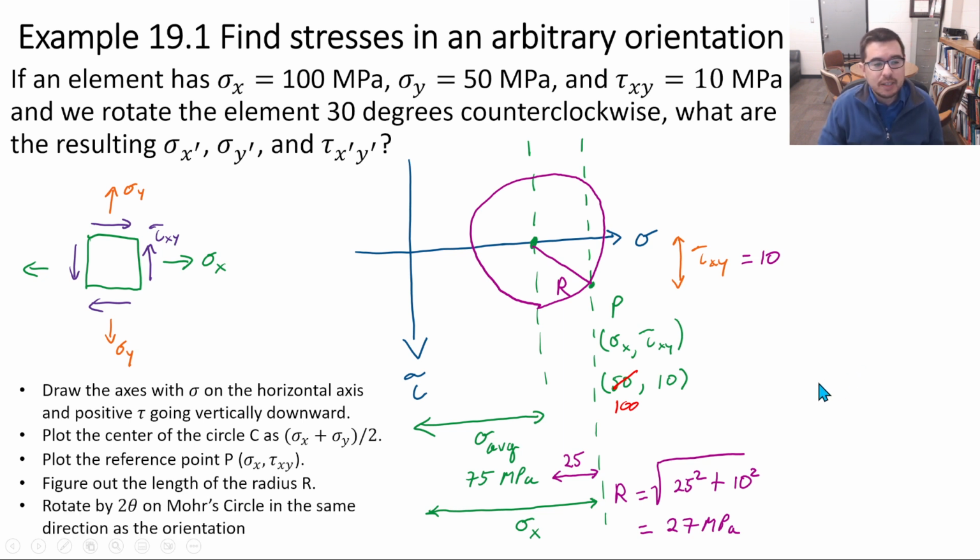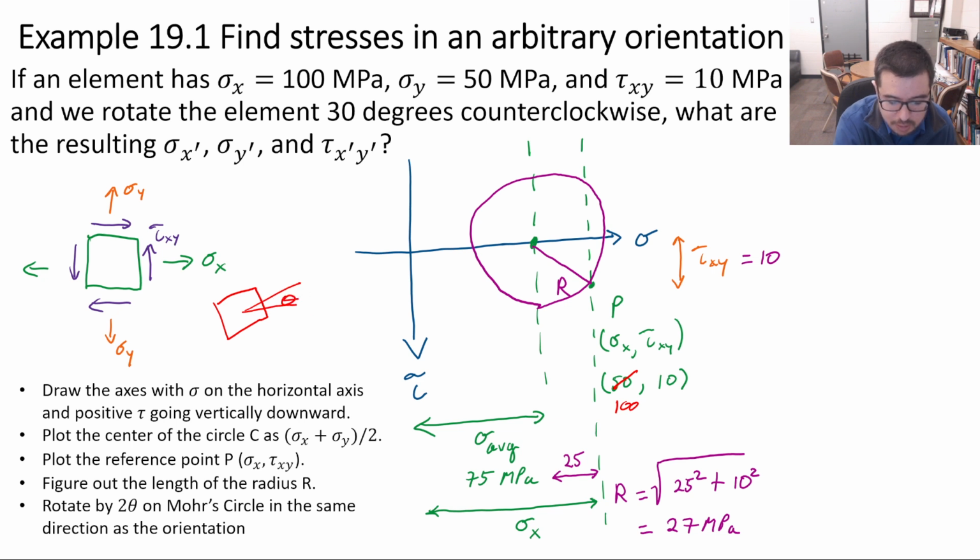Now, if we want to get to a new orientation with this rotation of a material element, that we're going to be rotating some amount, this is the horizontal, right?